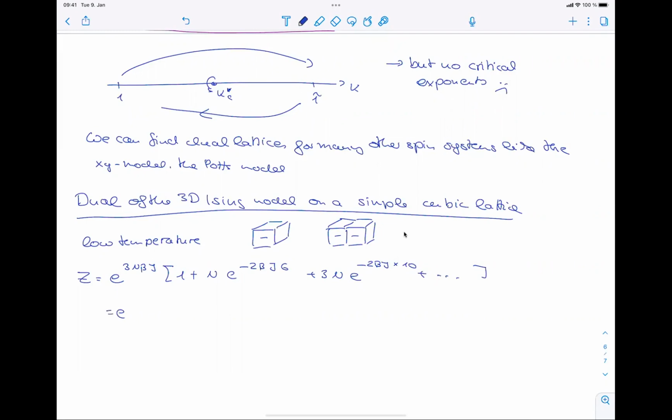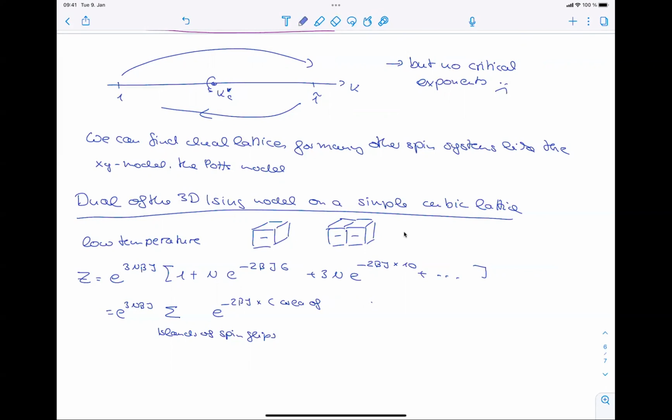It still has exactly this principle of how to construct the expansion, namely we're summing over islands of spin flips, and we now have -2 beta J times the area of the island boundaries.